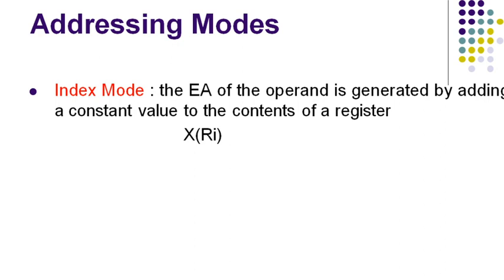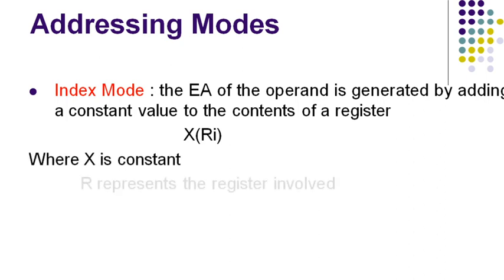This register can be any special purpose register or any one of the general purpose registers present in the processor. So how do we represent it? X(Ri), where X denotes a constant and Ri is the name of the register used.